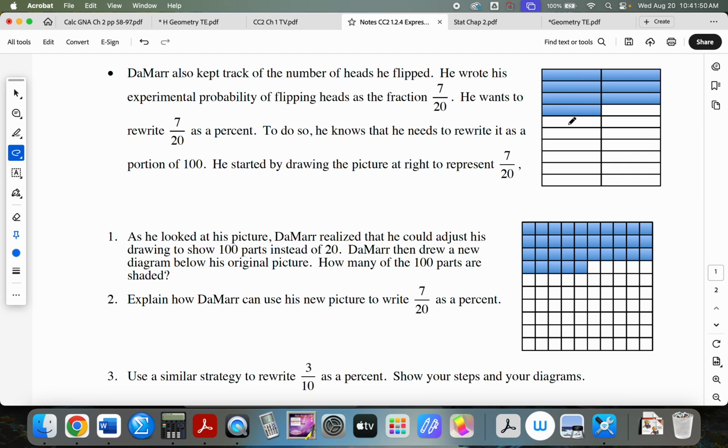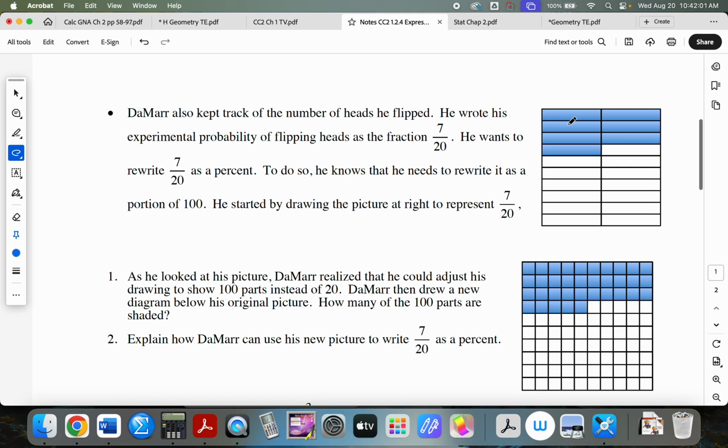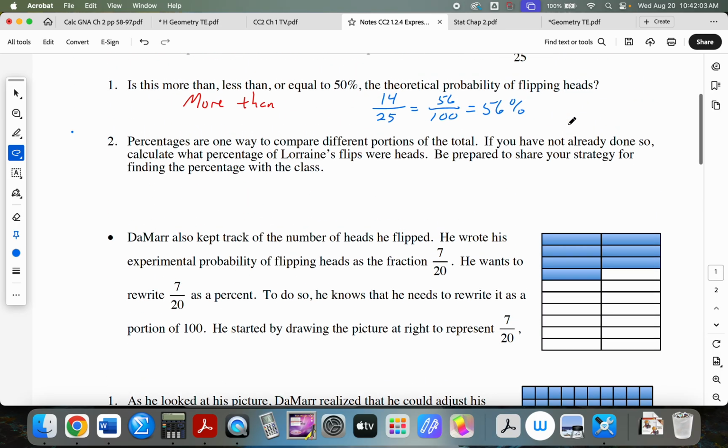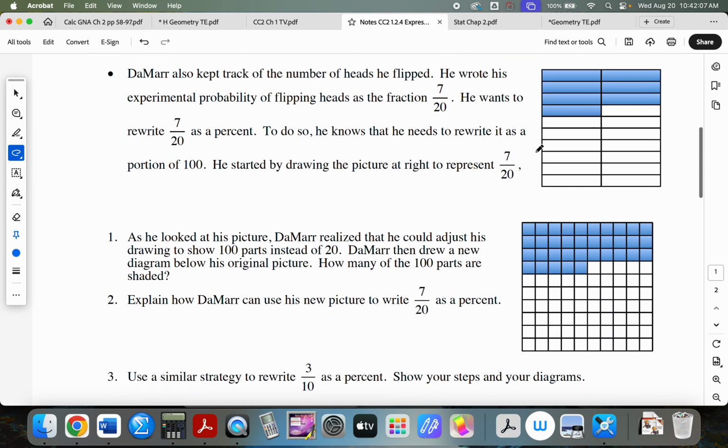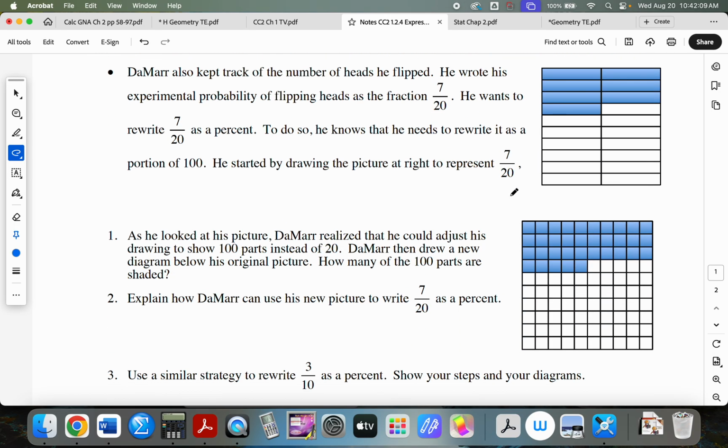So DeMar also kept track of the number of heads he flipped. He wrote his experimental probability of flipping heads as the fraction 7 out of 20. So this is not the same one, right? This is a different person. And he wants to rewrite this as a percent.